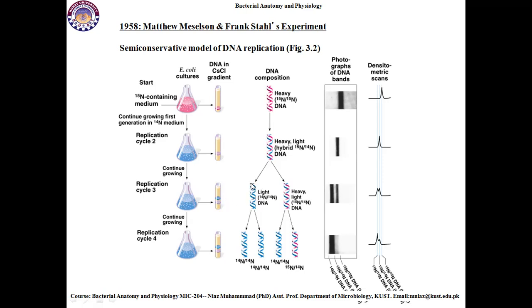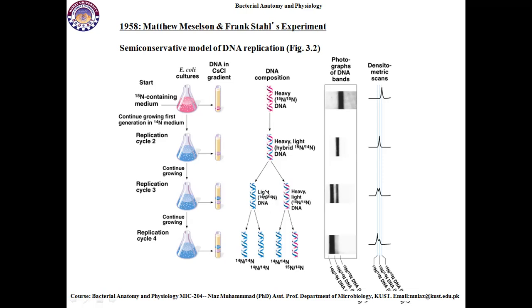Daughter strands have N14 and N15. One DNA, from one bacterial cell, has N14 and N15, and another DNA has N14 and N14.